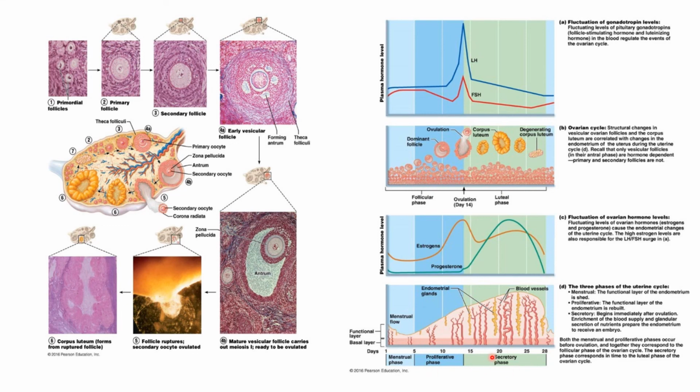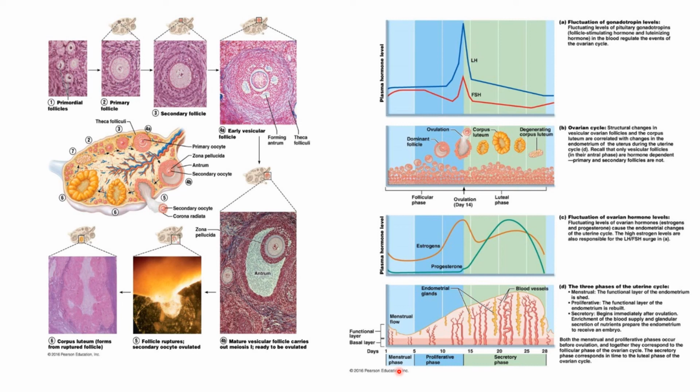Now, the menstrual cycle, or we refer to it as the uterine cycle, is what's going to happen in the uterus. We divide the uterine cycle into the menstrual phase, the proliferative phase, and the secretory phase.